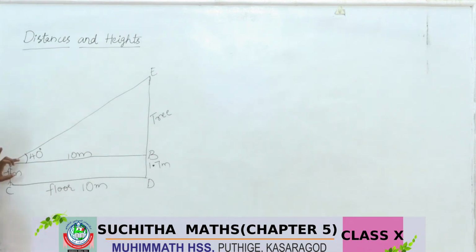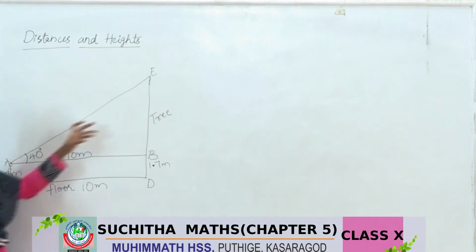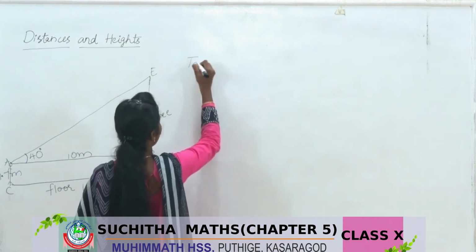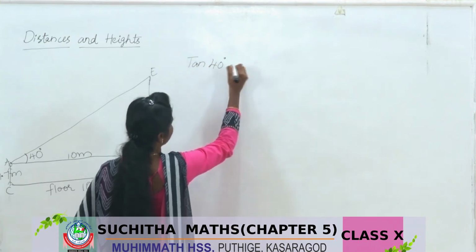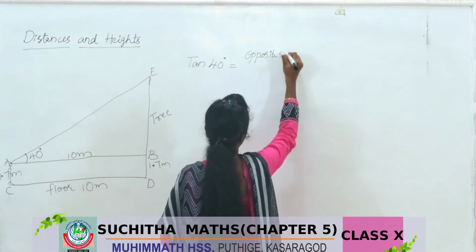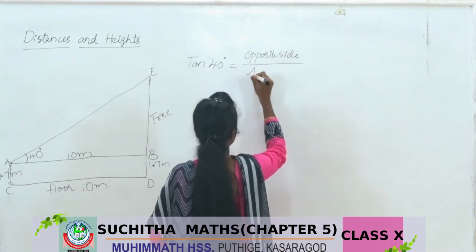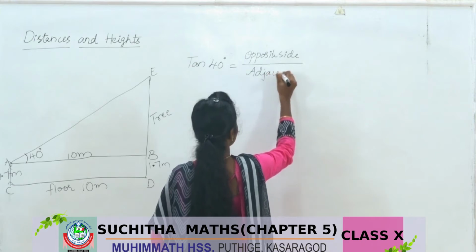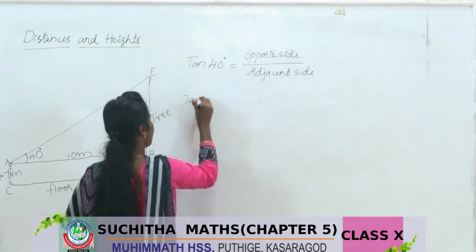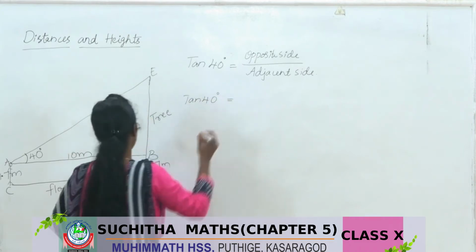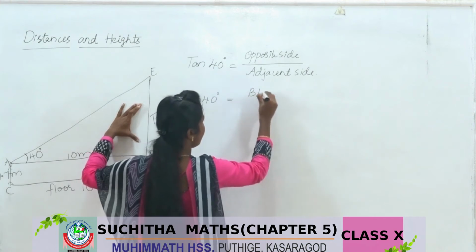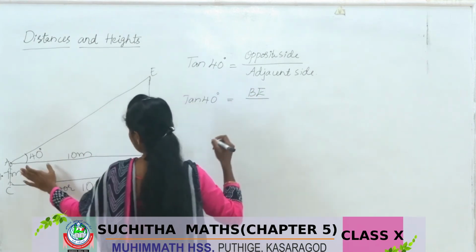Here we use tan 40 equal to the opposite side divided by the adjacent side. That is tan 40 degree equal to the opposite side BE divided by the adjacent side AB.